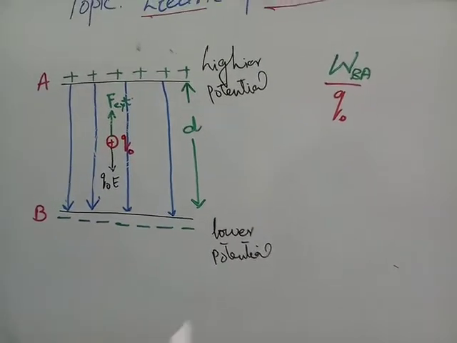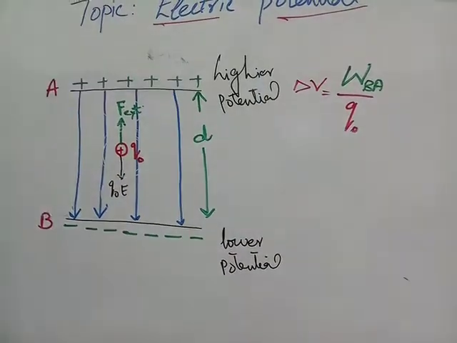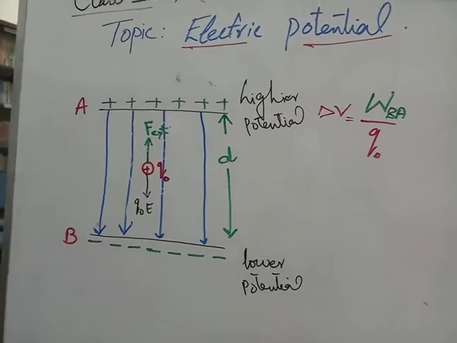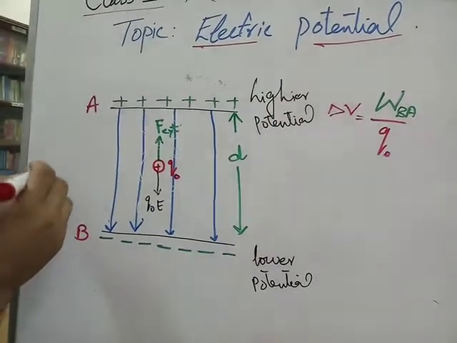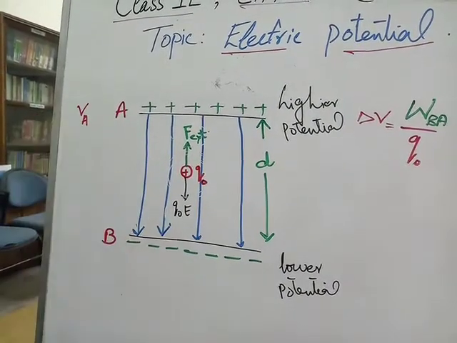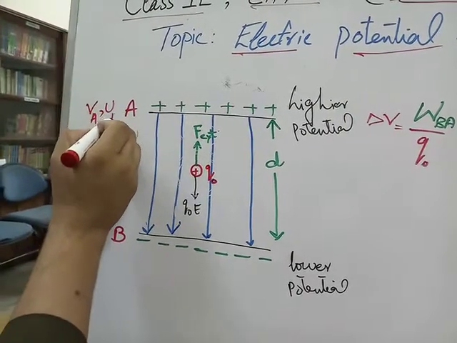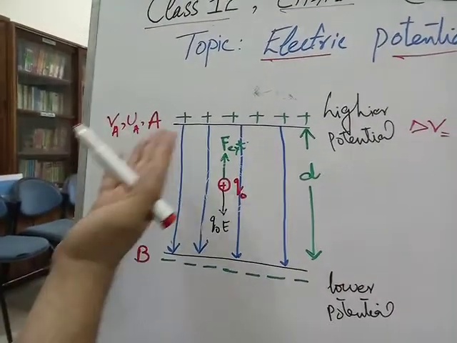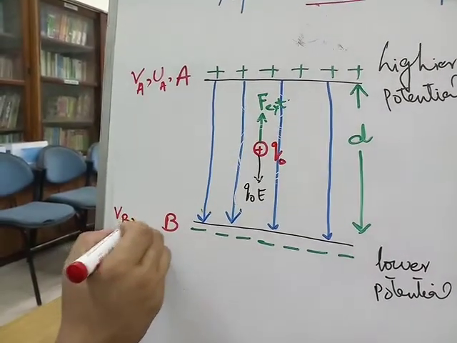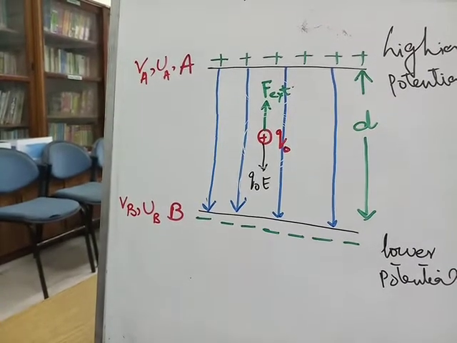So this is called the potential difference, and the potential difference is denoted by delta V. It means we can say that the potential at point A is VA, and the potential energy at point A, at plate A, is UA, and the potential at B is VB, and the potential energy at this point is UB.